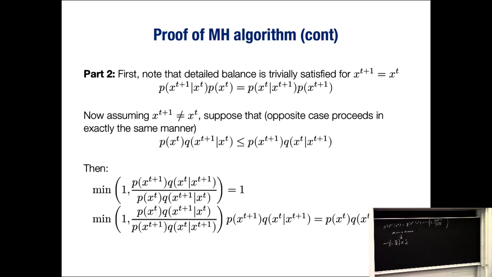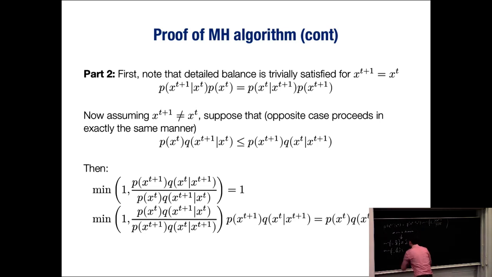The other interesting thing is that if I do it the other way, if I look at the minimum of 1 and the denominator over the numerator, I'll talk about why I want to do that in a second, and then multiply it by the numerator, this equals the denominator in that expression.